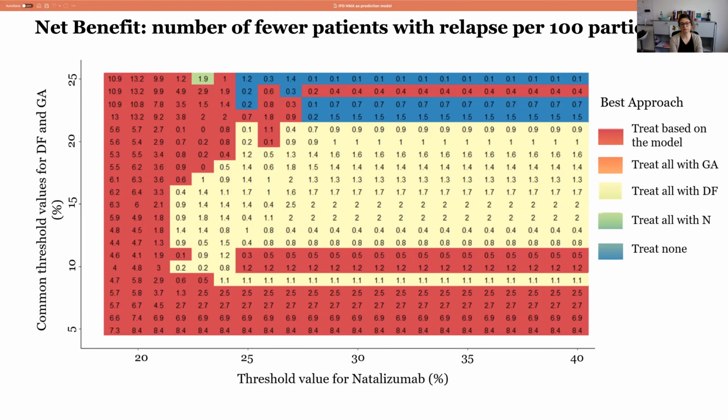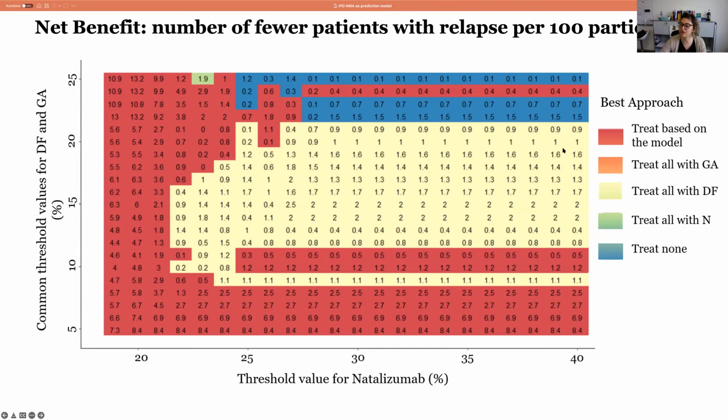And the numbers in the cells are the advantage in terms of net benefit per 100 participants of treating based on our model versus the second best strategy. So you see there are some thresholds, particularly for low threshold values for dimethyl fumarate and glatiramer acetate, where the model gives a substantial advantage compared to the second best option.